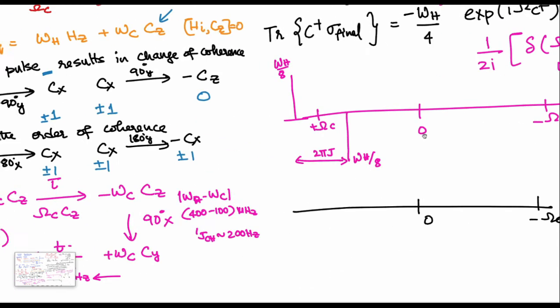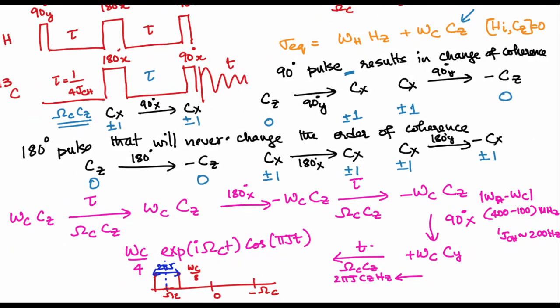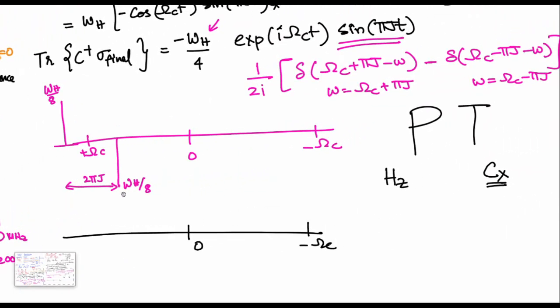So we had the spectrum that was obtained directly from carbon here. I'm just going to be invoking the same thing here. So that's going to be plus on both sides. Remember, they match. The weighting was omega c by 8, omega c by 8.